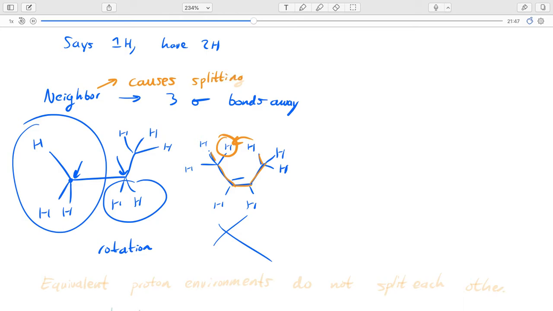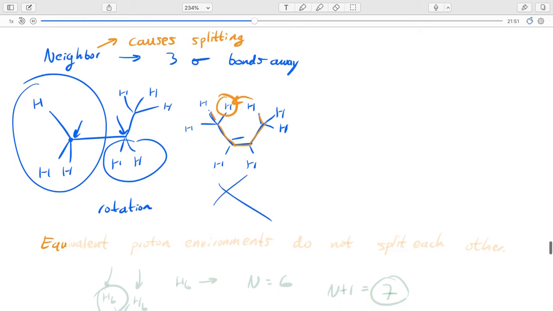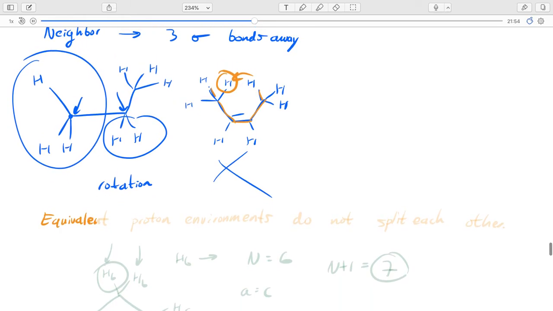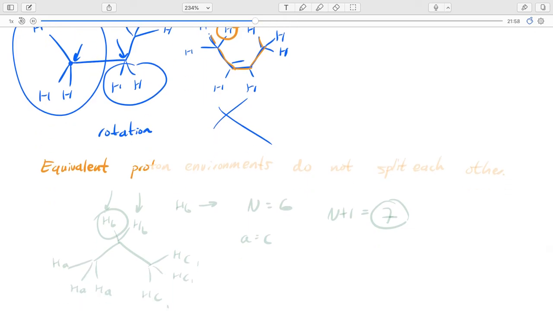If they are equivalent, I'll just write this down. Sure. So equivalent proton environments do not split each other. They will just cause the area under the curve to be larger.